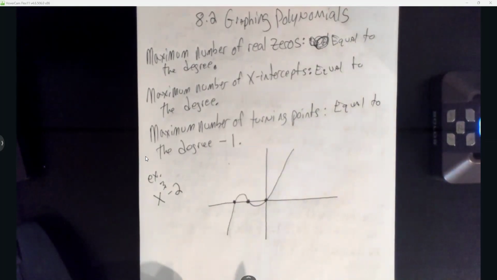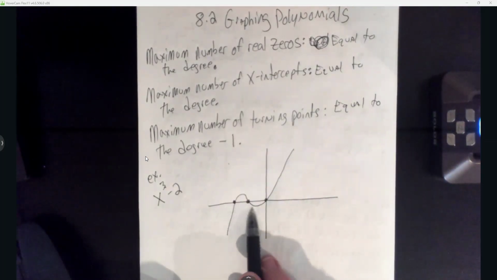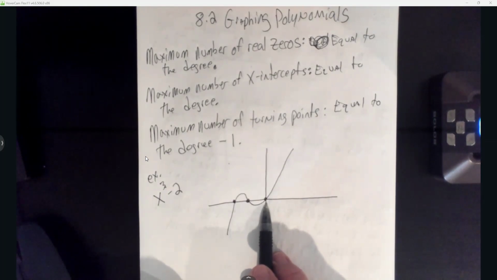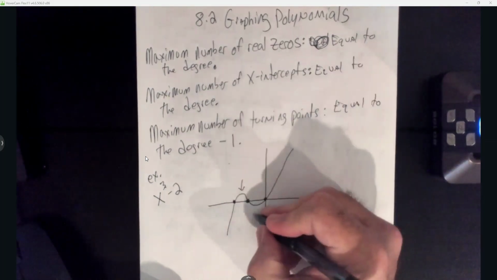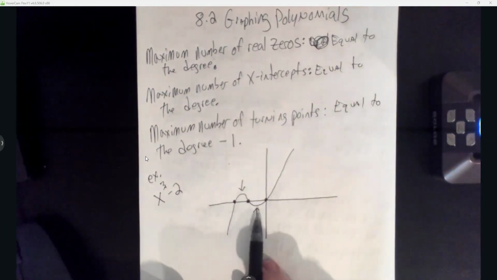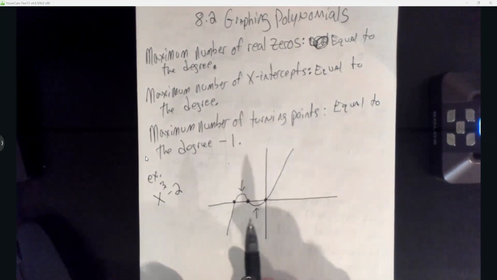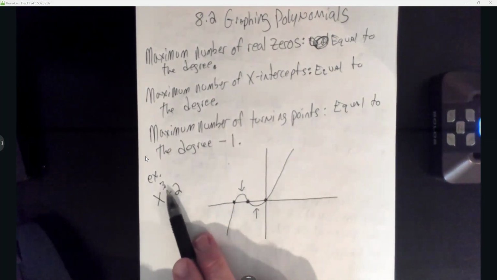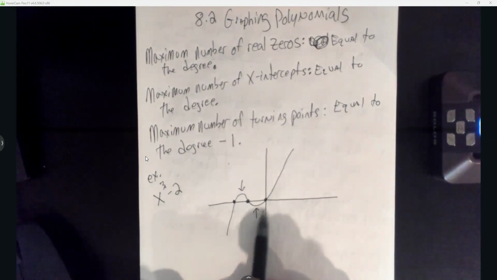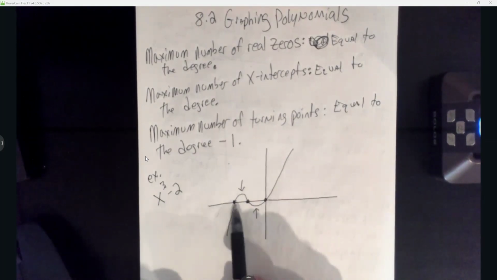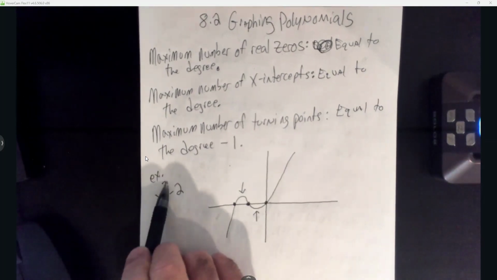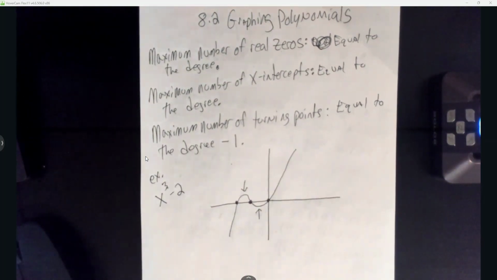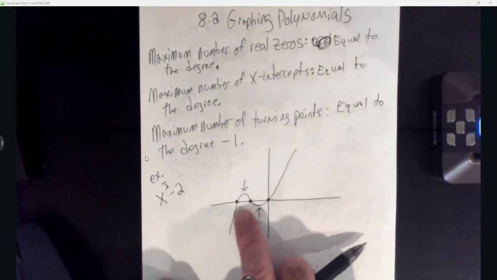So it's got 3 x-intercepts. It's got 3 zeros. But notice it turned once here and it turned once there. So it turned twice. So the maximum number of turns this could do is 2 times, okay? And then the maximum number it could cross the x-axis would be 3 times. So that's why the number of turns is always 1 less, okay?